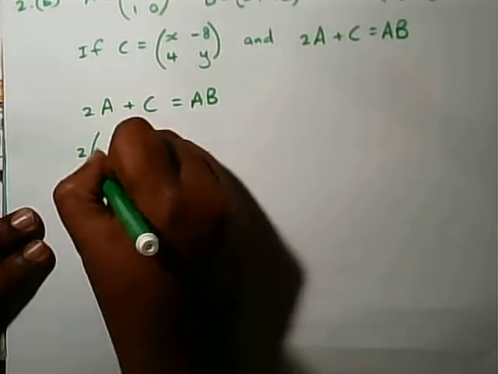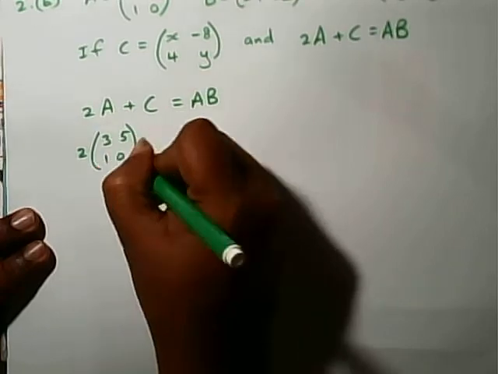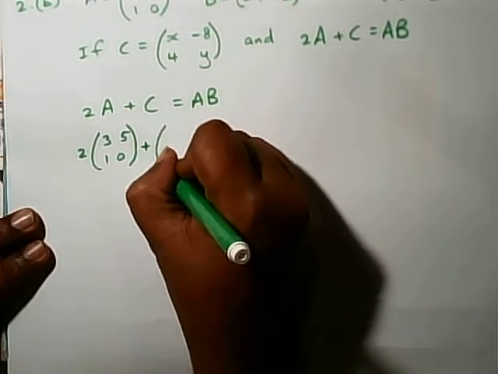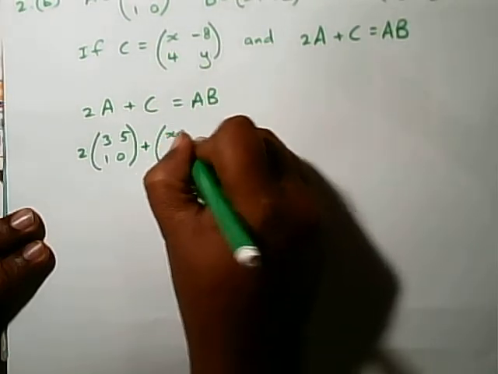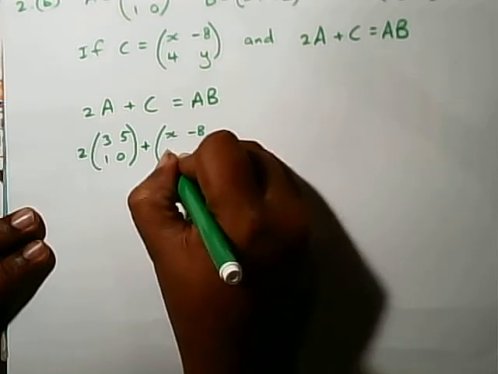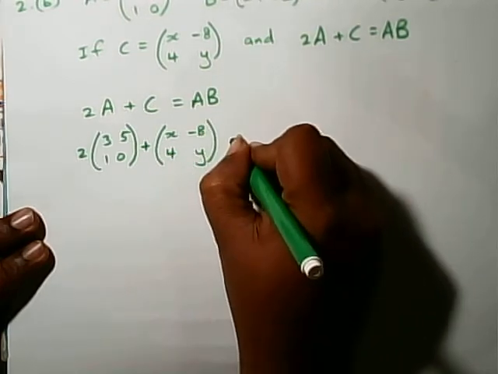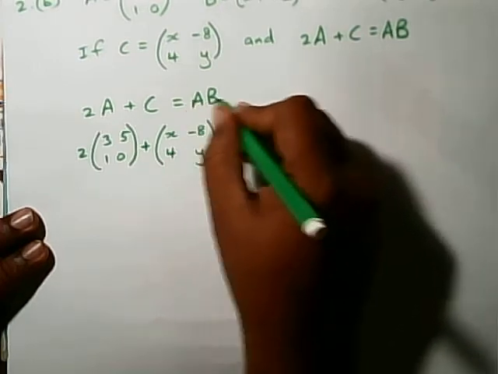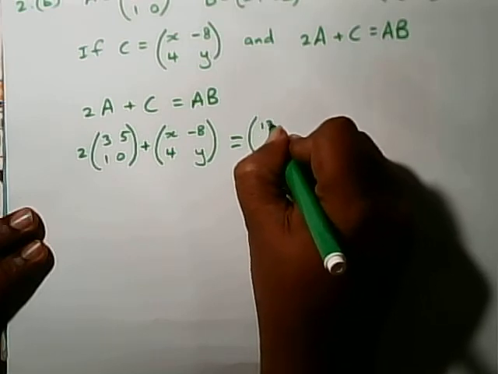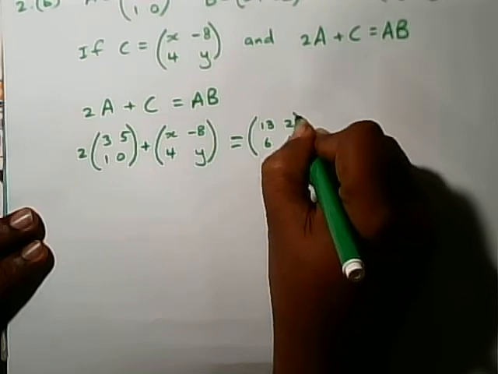That is 2 times 3, 5, 1, 0, and we're going to add it to C. And C is X, minus 8, 4, and Y. That's going to equal AB, and we know AB is 13, 2, 6, and 4.